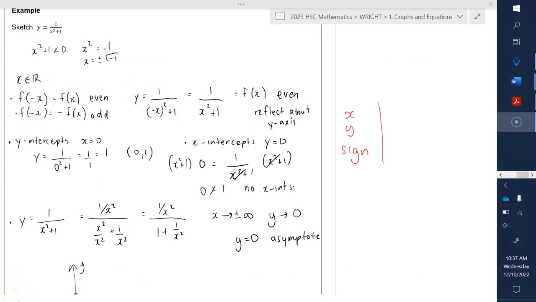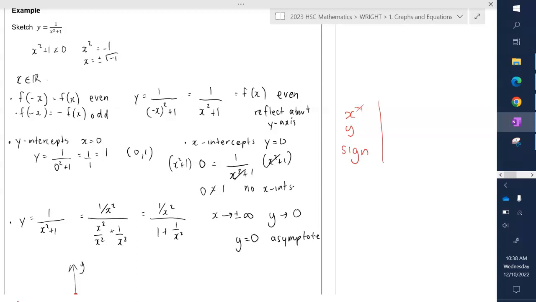Now, before drawing that graph, what we could have done earlier on, or probably should have done earlier on, is have a look at the sign of the function around any important x points. The reason I didn't do that, but we normally would on a graph if we can, is if we had asymptotes in the vertical, so that relating to x. I don't have any of those, and I also don't have any x-intercepts or zeros to check.